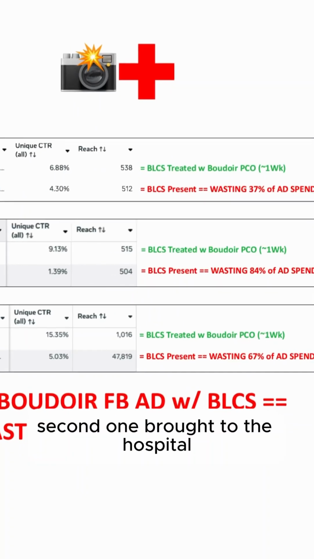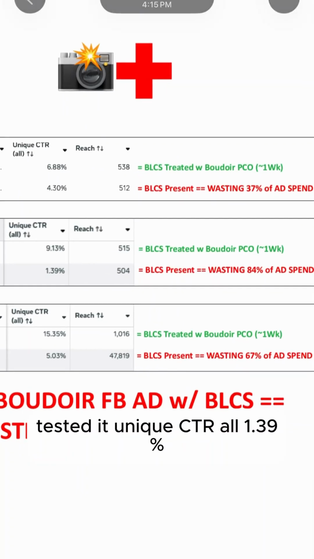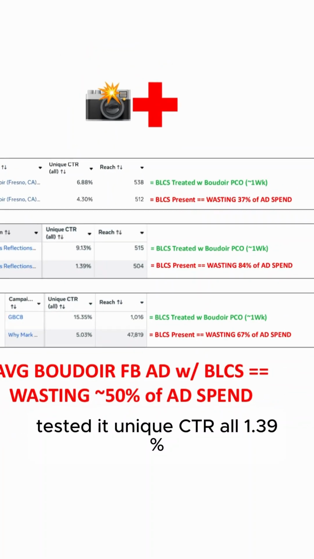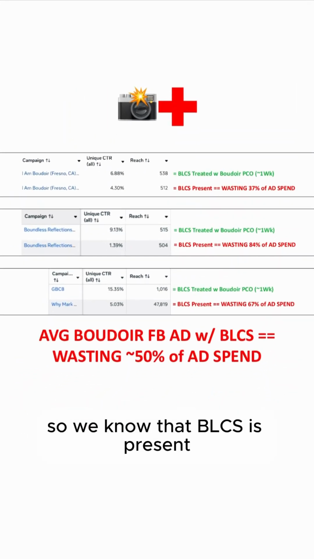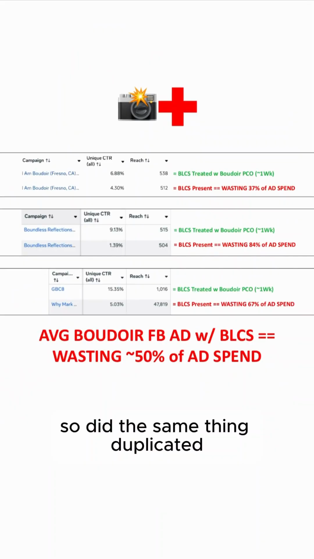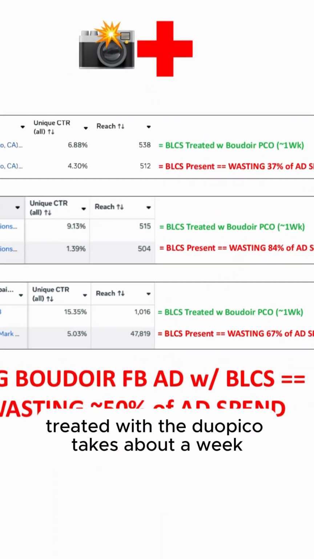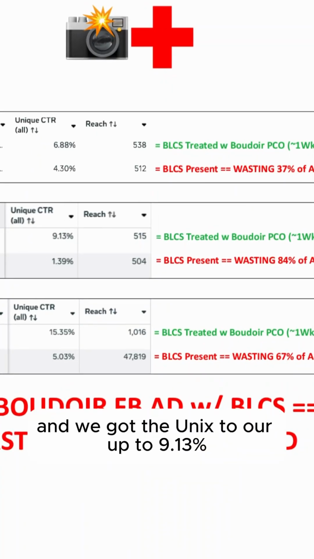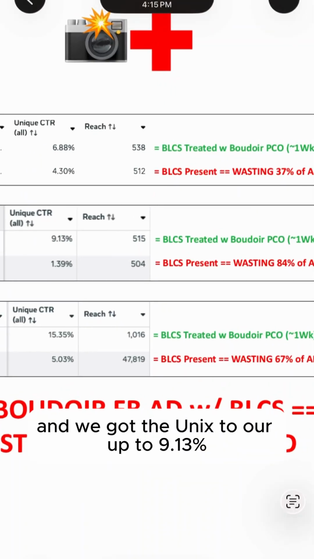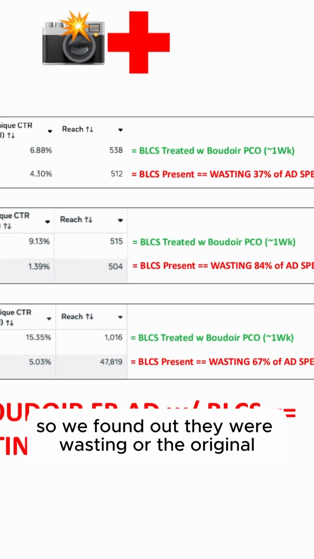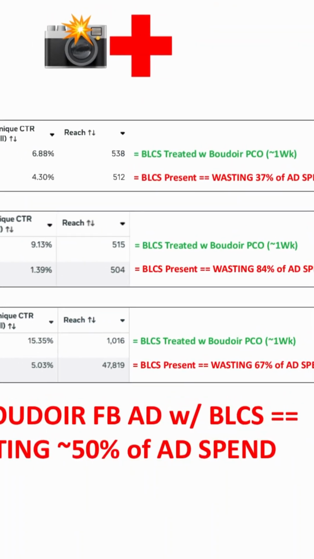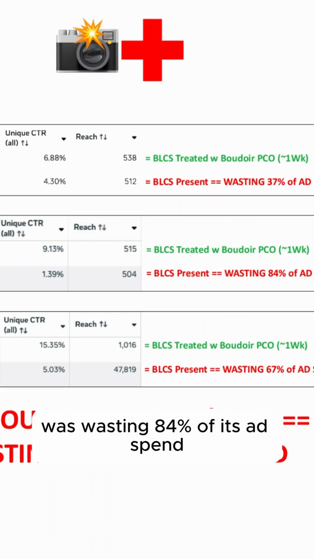Second one, brought it to the hospital, tested it, unique CTR 1.39%. So we know that BLCS is present. We did the same thing, duplicated it, treated it with Boudoir Pico. It takes about a week, and we got the unique CTR up to 9.13%. So we found out the original was wasting 84% of its ad spend.